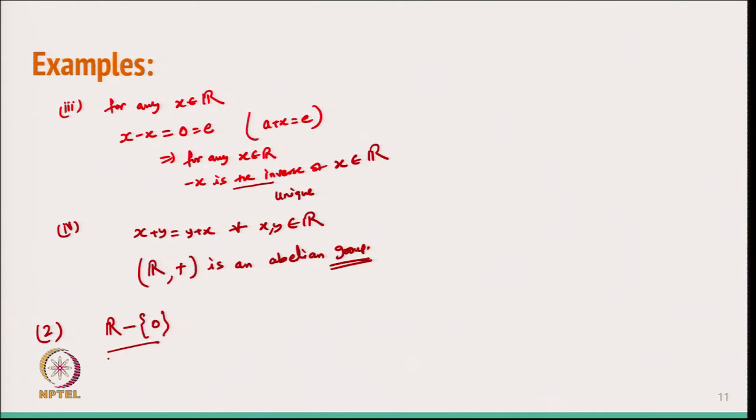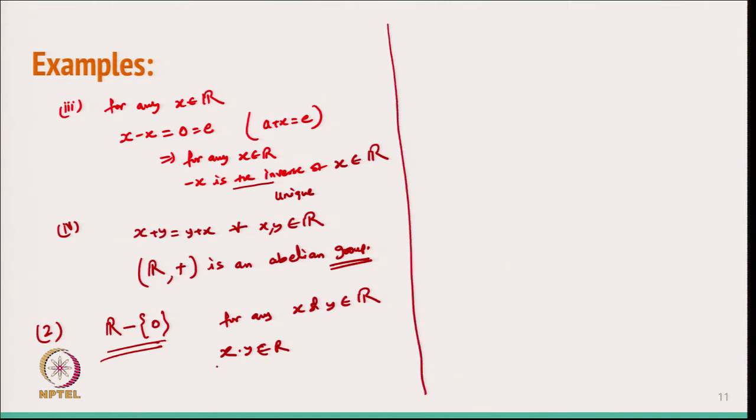Now I consider only these elements, and under the multiplication, I know that for any x and y belongs to R, x dot y is also a real number, so it belongs to R. So, the multiplication is well defined.